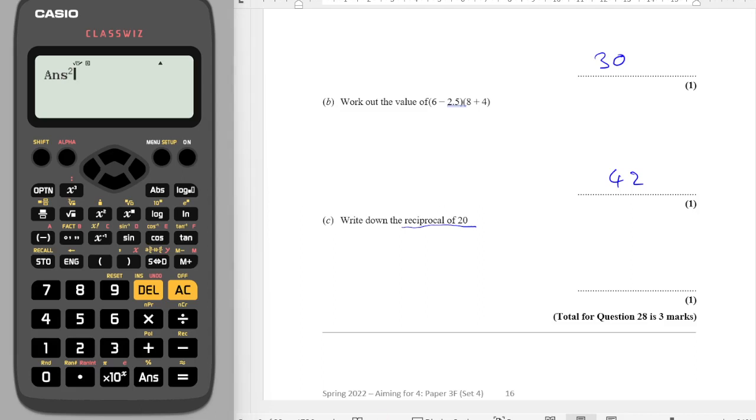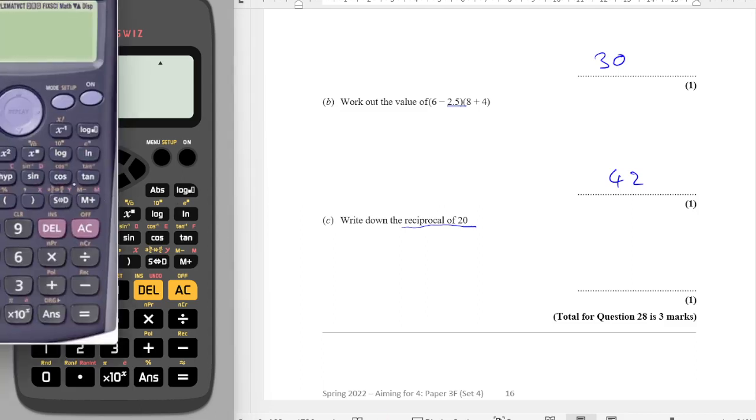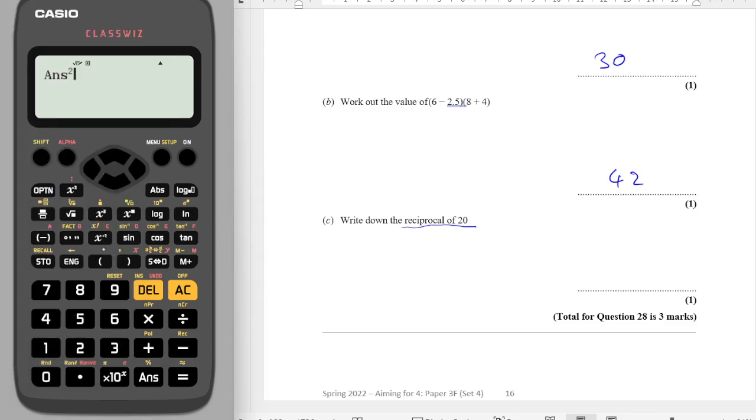So just checking that I'm not going absolutely bonkers. So I've got this button on my old calculator. I'm just looking for it on my new calculator. Ah, there it is, right in slap bang in the center. So apologies for that. 20, that gives you the reciprocal, so 1 over 20.